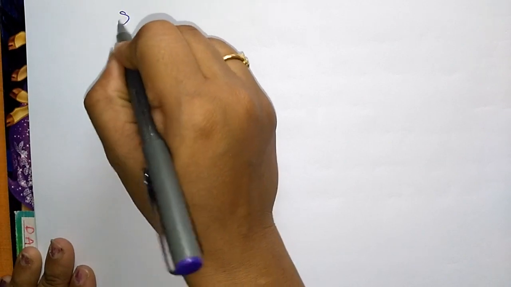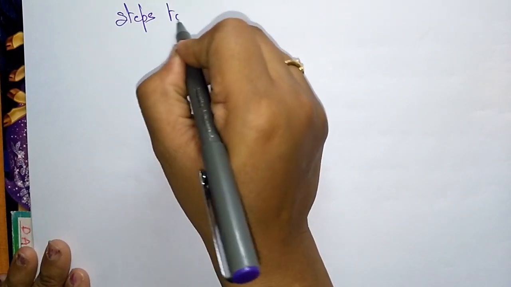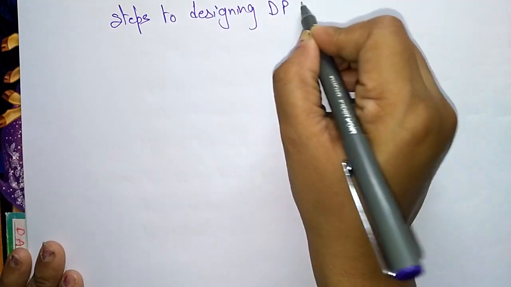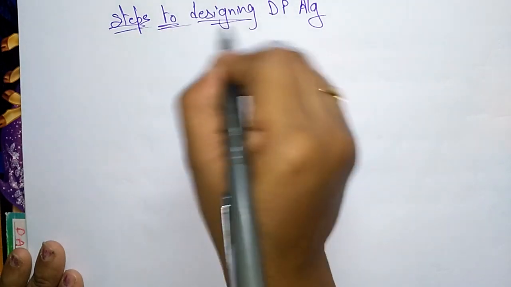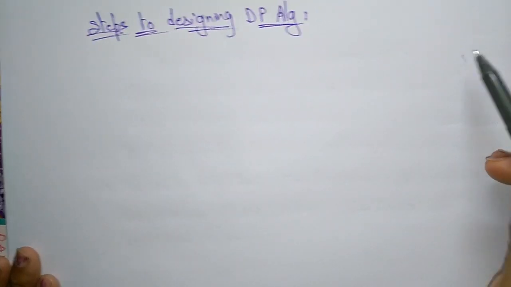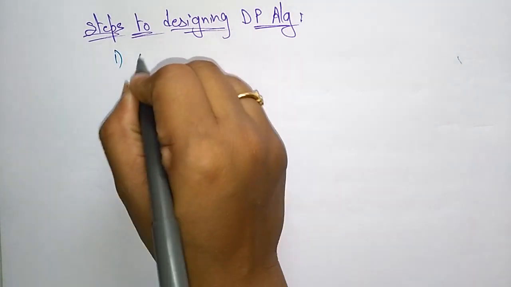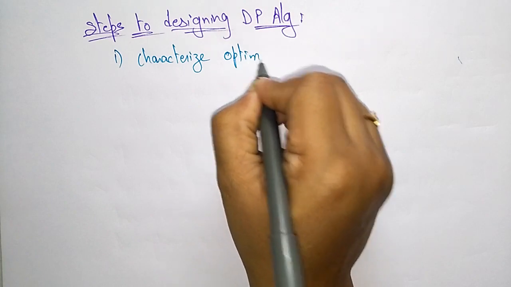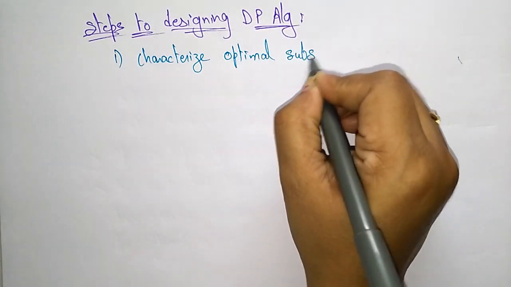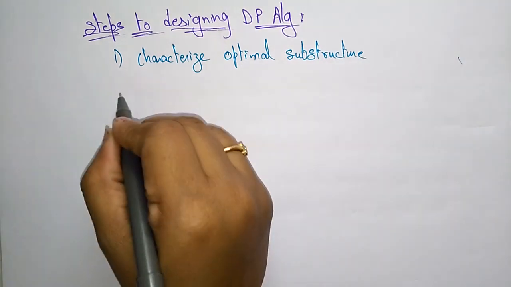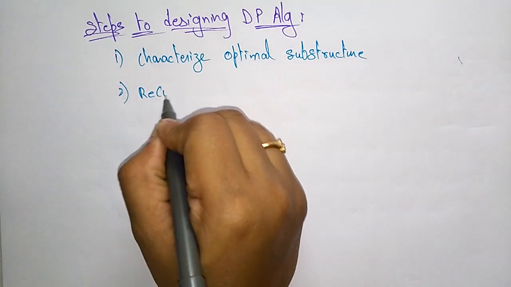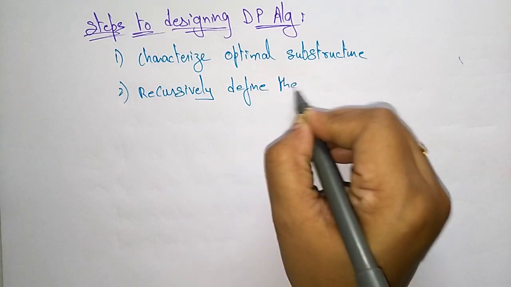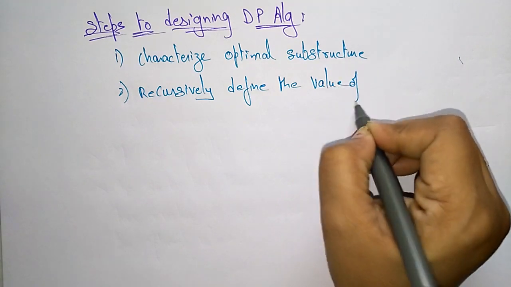Now let us see the steps for designing a dynamic programming algorithm. The first step is to characterize the optimal substructure in the given main problem. After that, recursively define the value of an optimal solution.